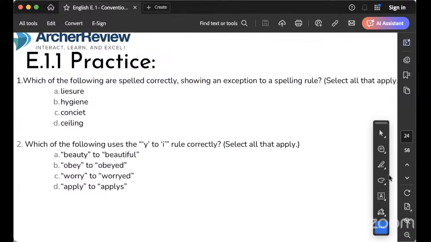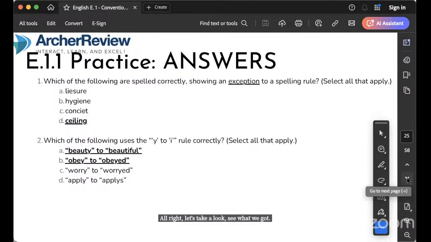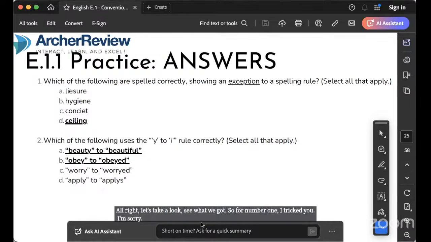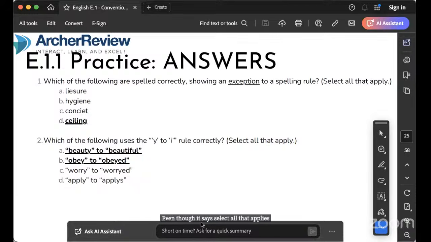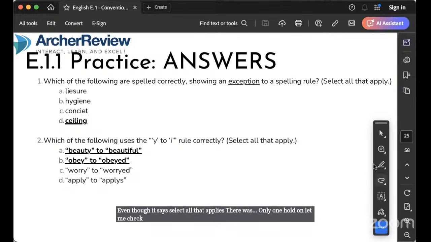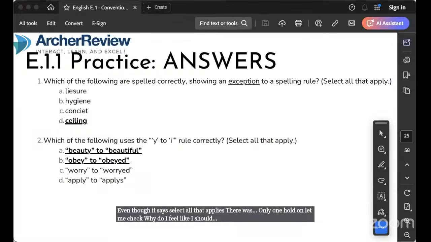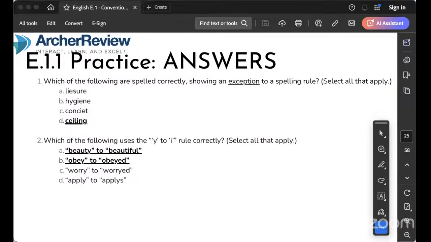All right, let's take a look, see what we got. So for number 1, I tricked you. I'm sorry. Even though it says select all that applies, there was only one. Let me double check that because I feel like I tricked myself just now.